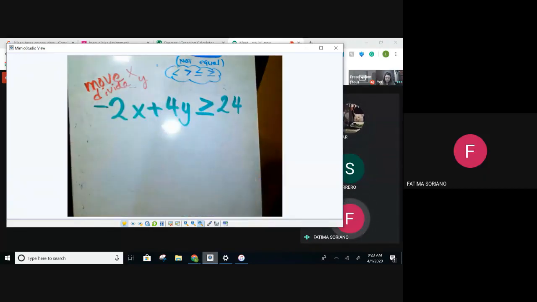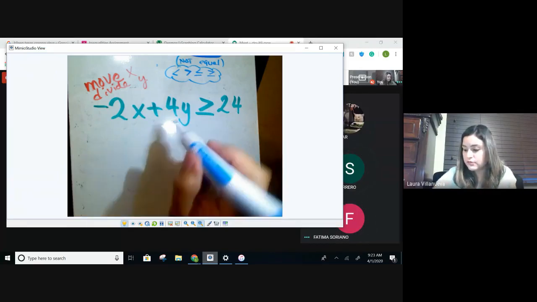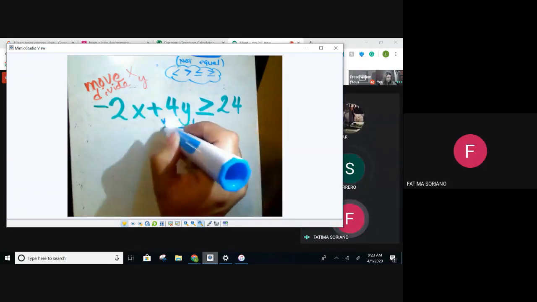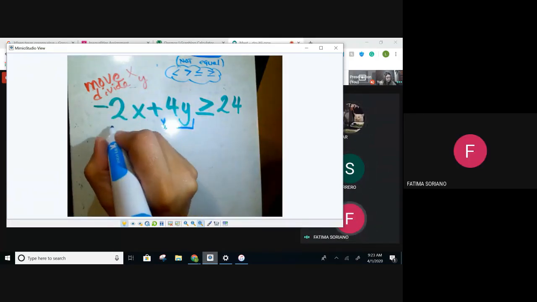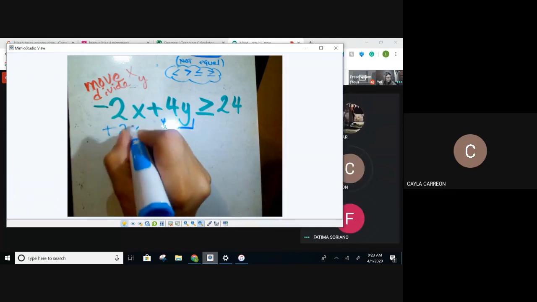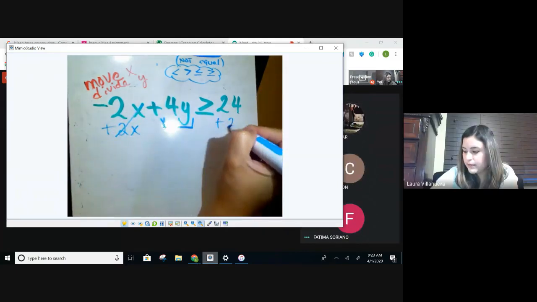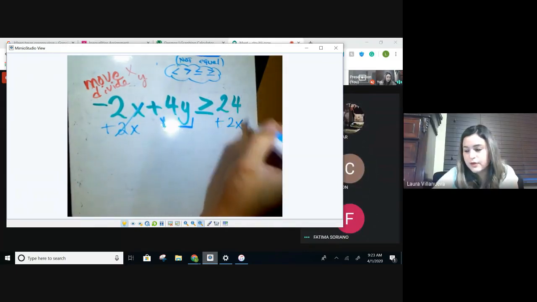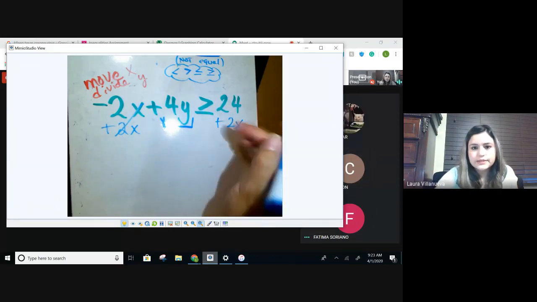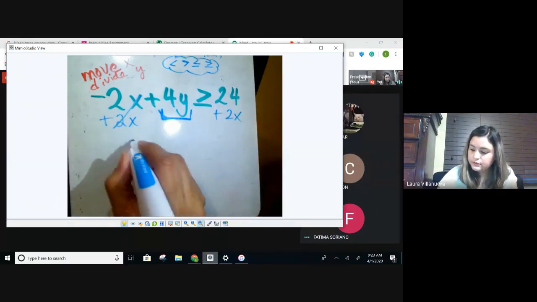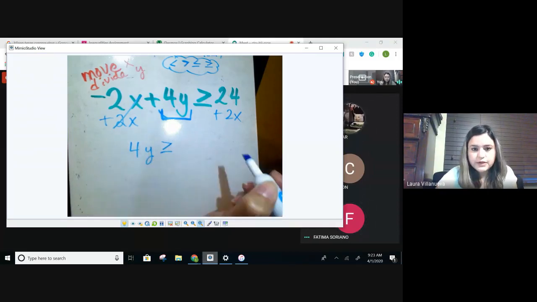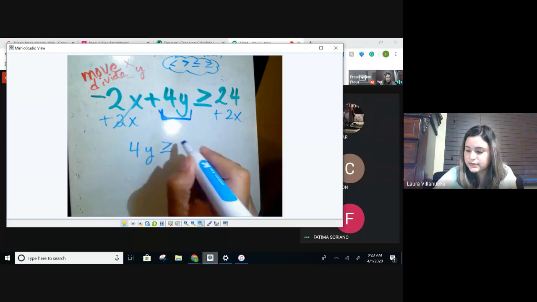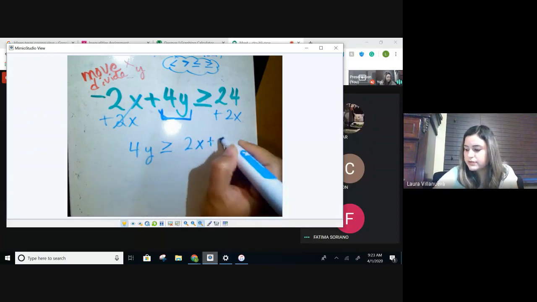Yeah, first you have to check for the x. So how do I move the x? By putting a positive 2x. Now, you're not going to combine these. You're just going to put them side by side. So then this is 4y greater than or equal to 2x plus 24. We still haven't divided. Leave it as is.